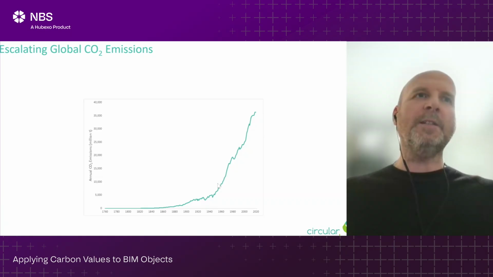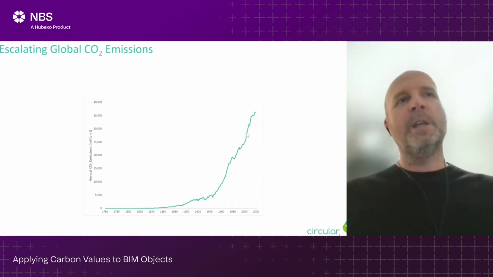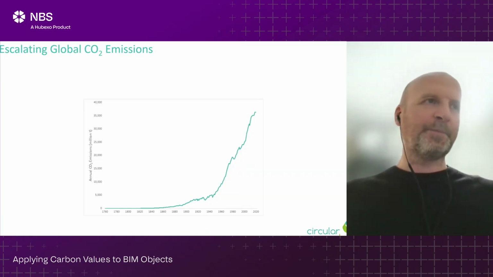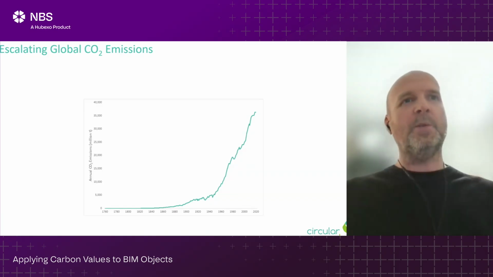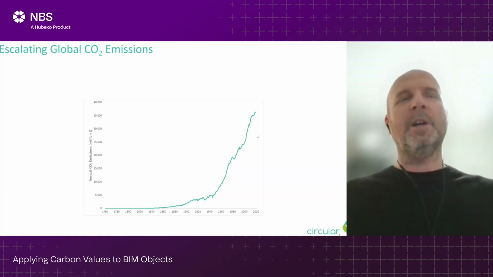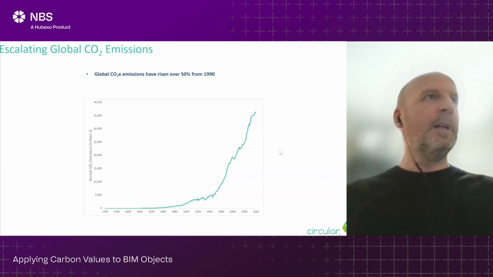So for whatever reason, the emissions have been going up, escalating almost like a rocket ship ever since then, over a period of decades. So we have really been talking for quite a few years now about reducing our carbon dioxide emissions. However, you can't really see much evidence of them declining on a worldwide scale here. So we have much more work to do.